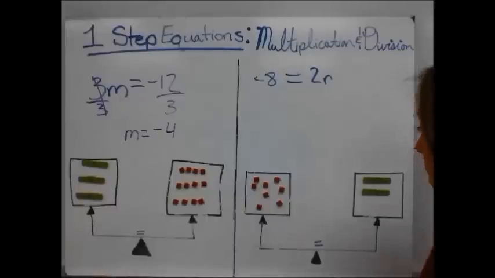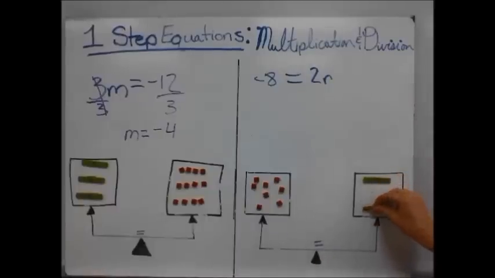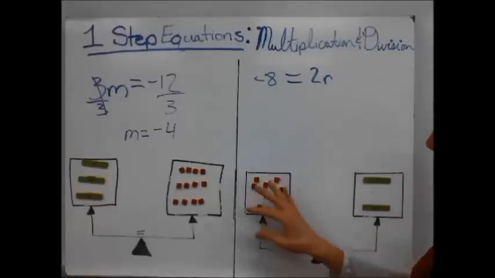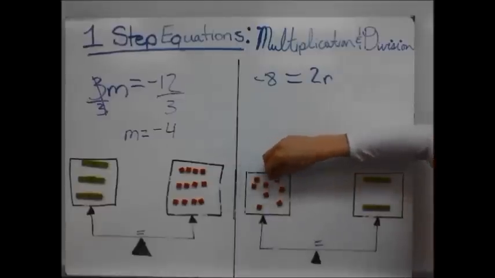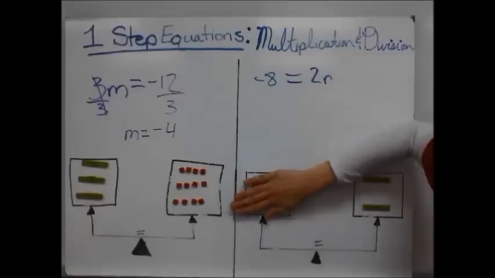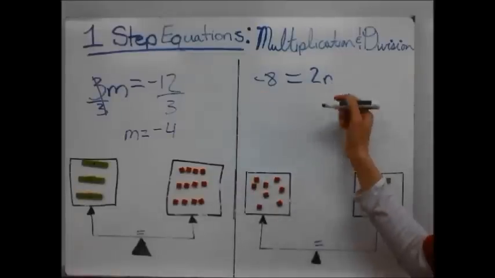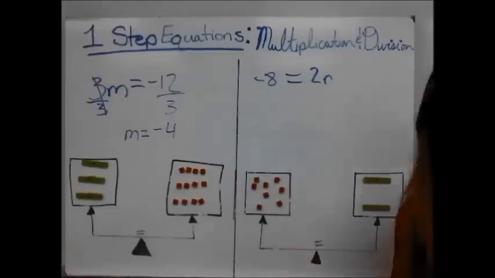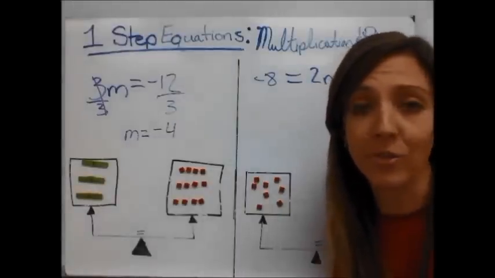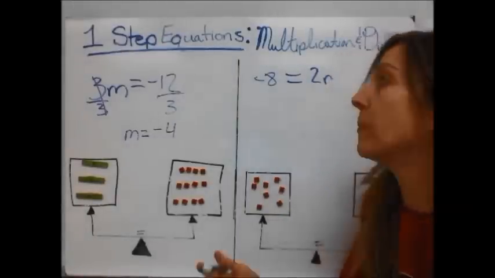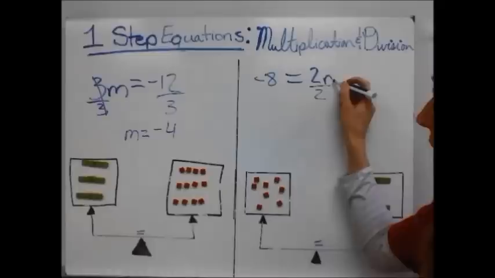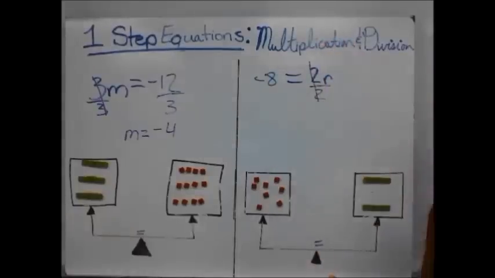Okay, it's the same. So I have my rectangular algebra tiles that represent my variable, and I split them apart, and I'm going to split up my red tiles over here to represent the whole number, negative 8, split into 2 groups. Now, 2r is multiplication, and the inverse operation of multiplication is division. So I'm going to divide by 2 to get the variable alone and to cancel out the 2.